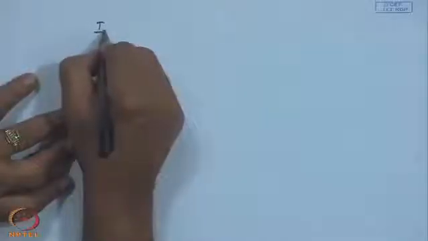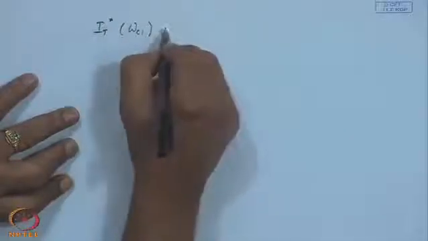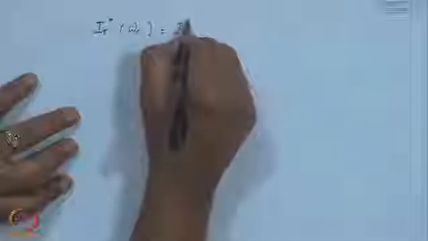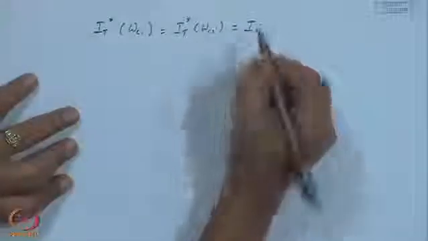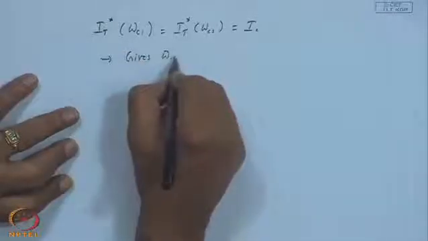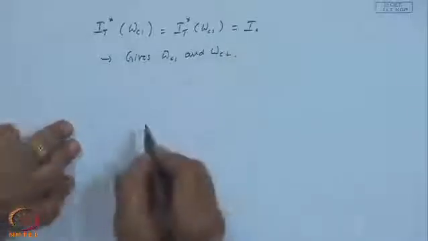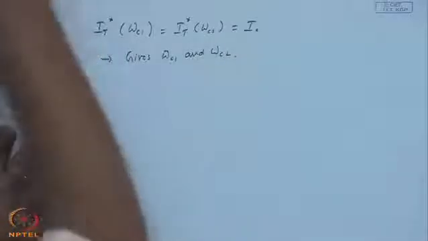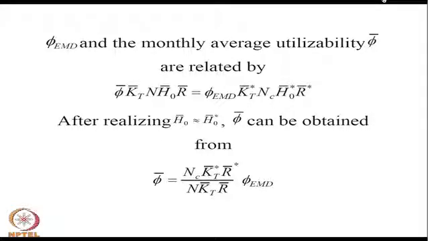So, IT star at omega C1 equal to IT star at omega C2 equal to IC. This gives omega C1 and omega C2. So, that can be expressed in terms of RT and RD correlation, there is no problem.